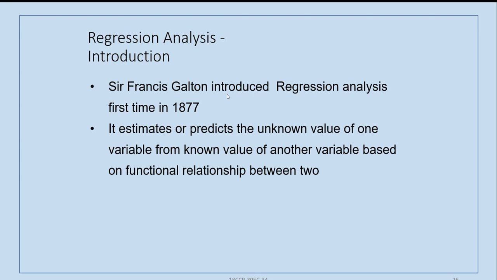But regression is an extension of correlation. That is, when a relation is there, two values will be there, x and y. In x and y, when relation is there, one is dependent and another one is independent. Please listen carefully.